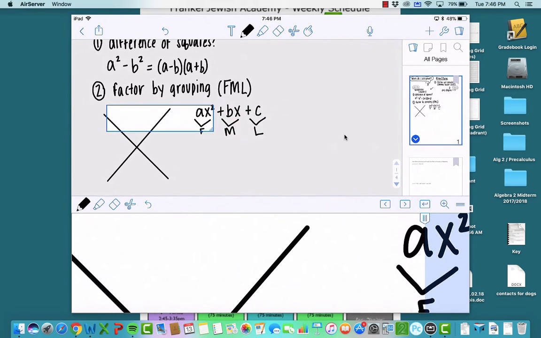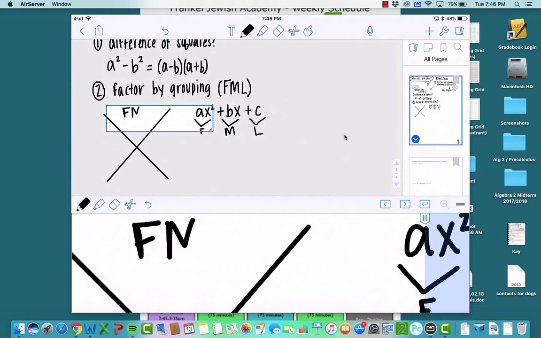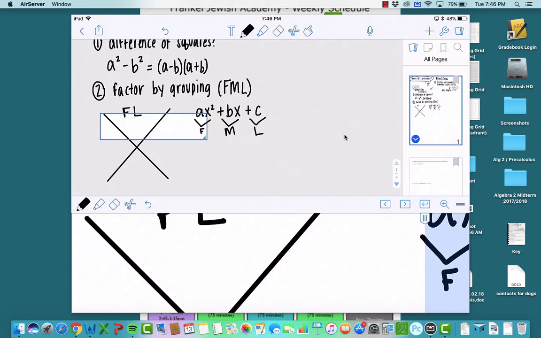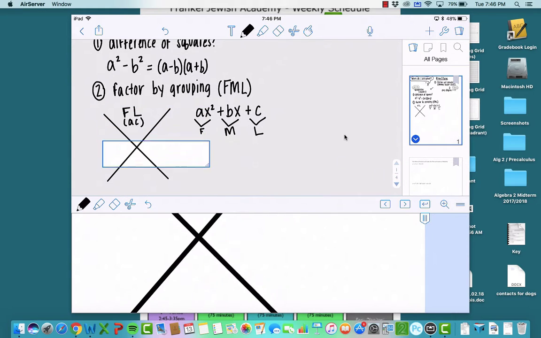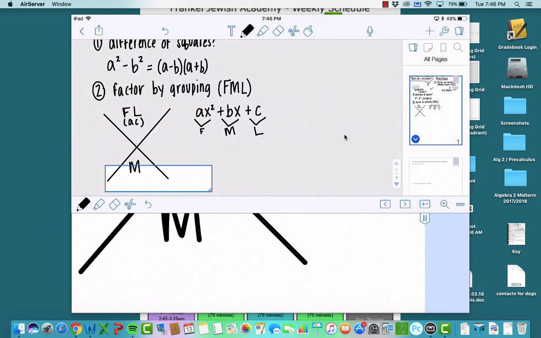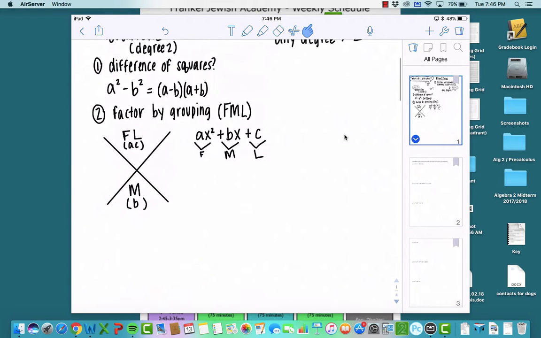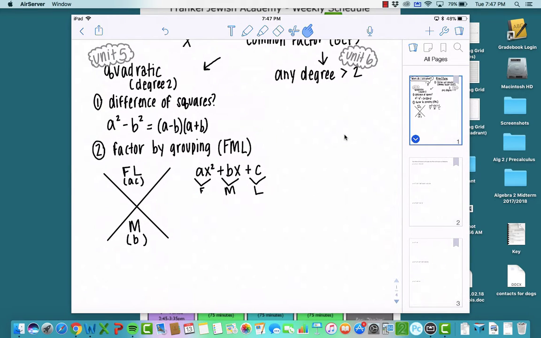Then you do F times L on top, which initially we called a times c when we did this problem in the first place. And then you put the middle term on the bottom, which in our original one was b. I kind of like the acronym FML a little more, just because I think it helps you remember what you have to do when you have to factor.